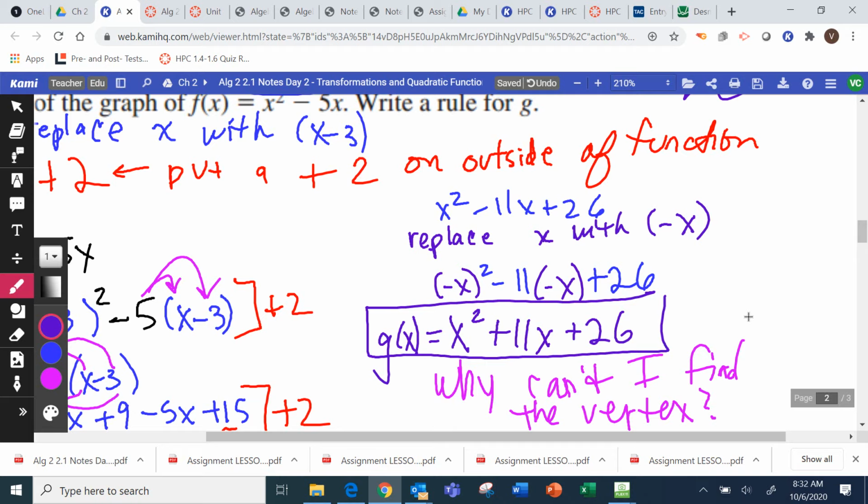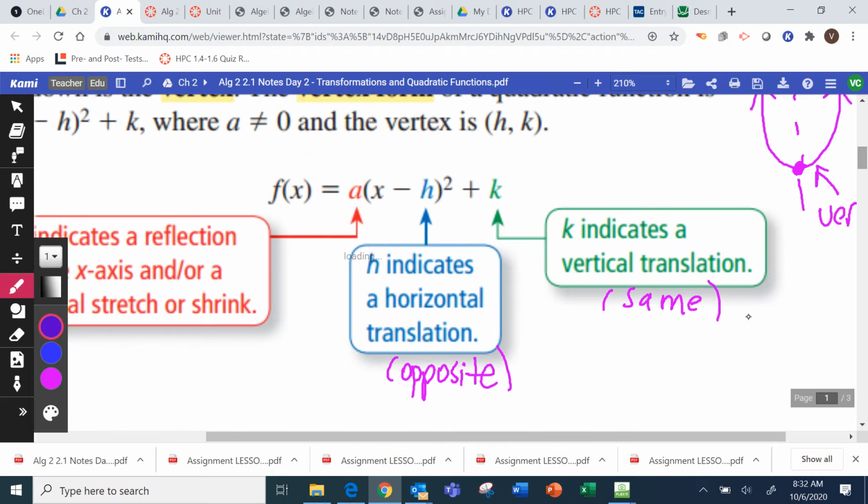Let's scroll up. What's vertex form? Some number outside parentheses, x minus h squared plus k. This is a horizontal translation. This is a vertical translation. That's how you get your vertex. I'm just going to copy down that answer we just had. Why can't I find the vertex for that one?